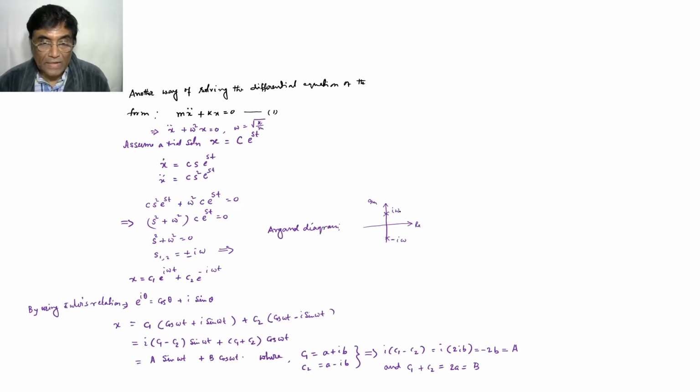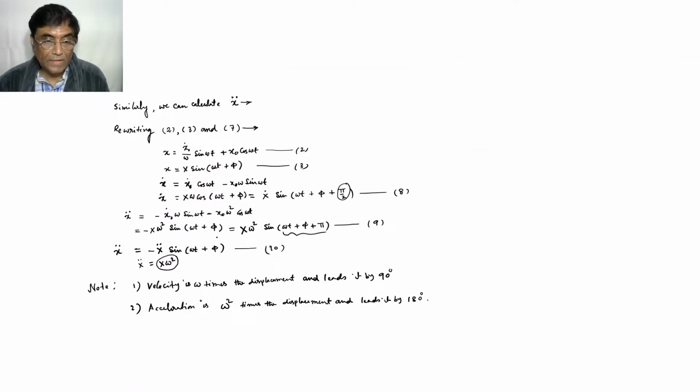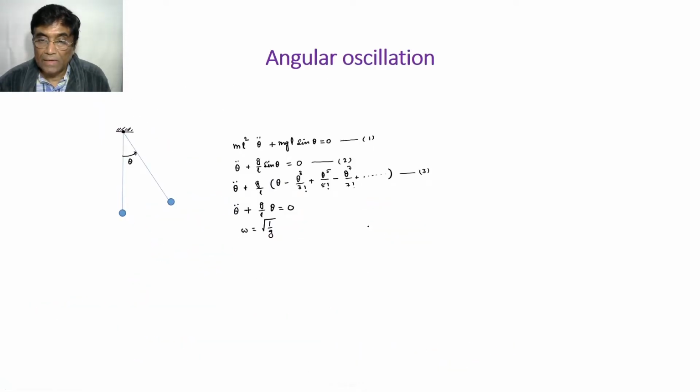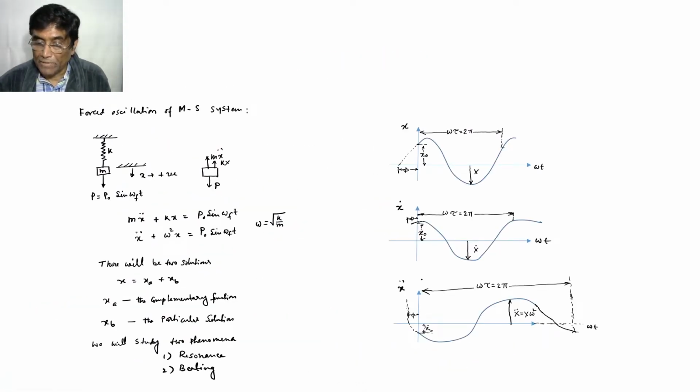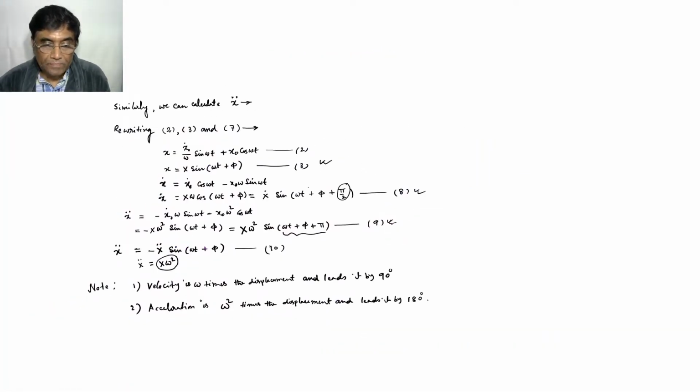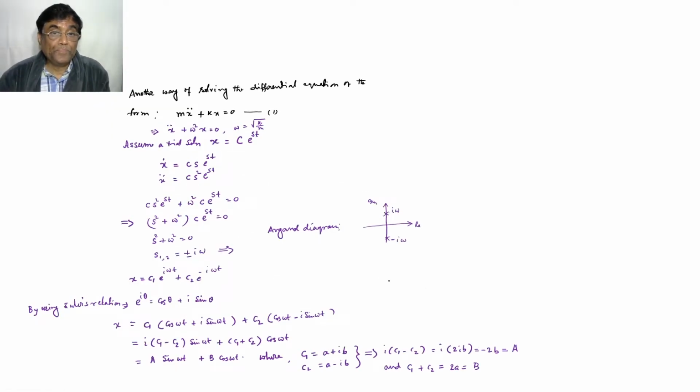So simply I am plotting this, this, this, and this, and we are getting pictorially the displacement versus t, x dot versus t, x double dot versus t. So the solution of the differential equation means you are getting all this. Now coming back, this is a very interesting observation.